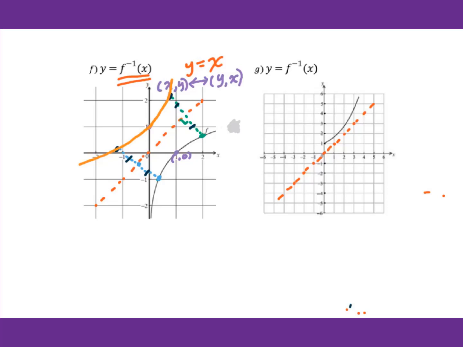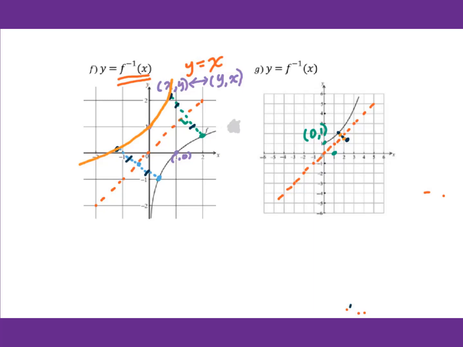Find the very clear coordinates. This is 0, 1, so we will find the 1, 0 here. This is the end point. Then on the graph, I choose these points. You draw the vertical line to this y equals x, and then make sure it is the same distance. Yeah, these points.